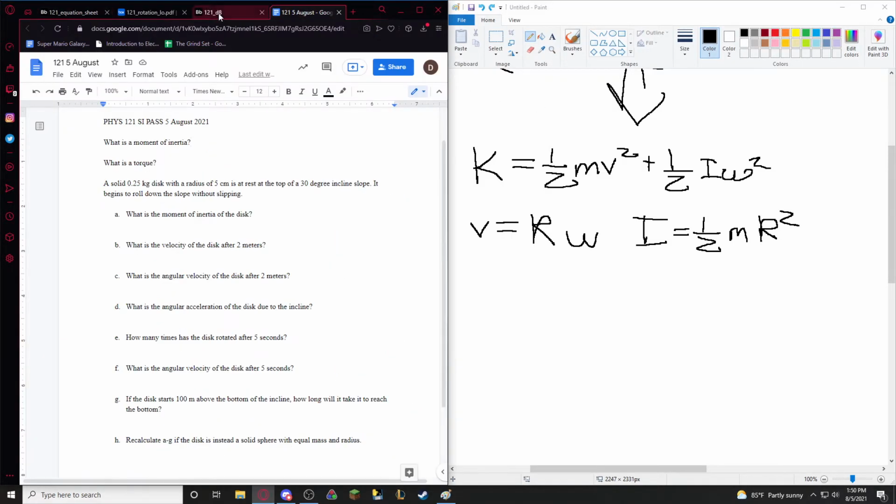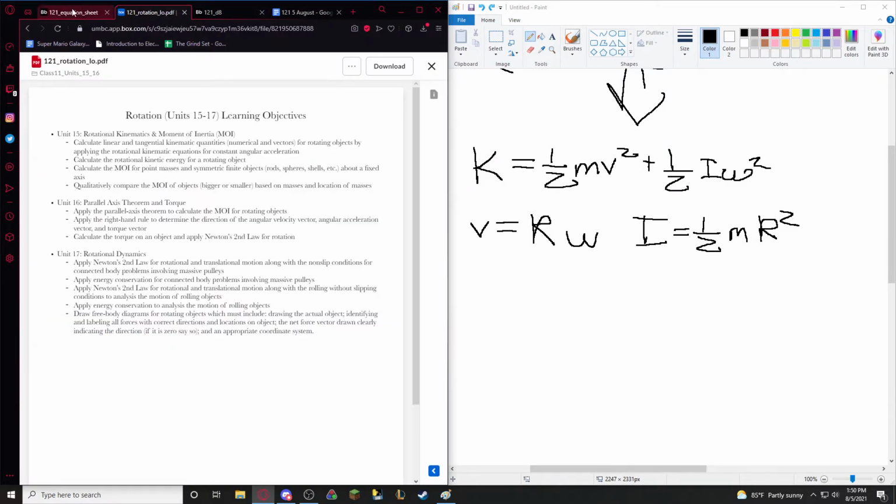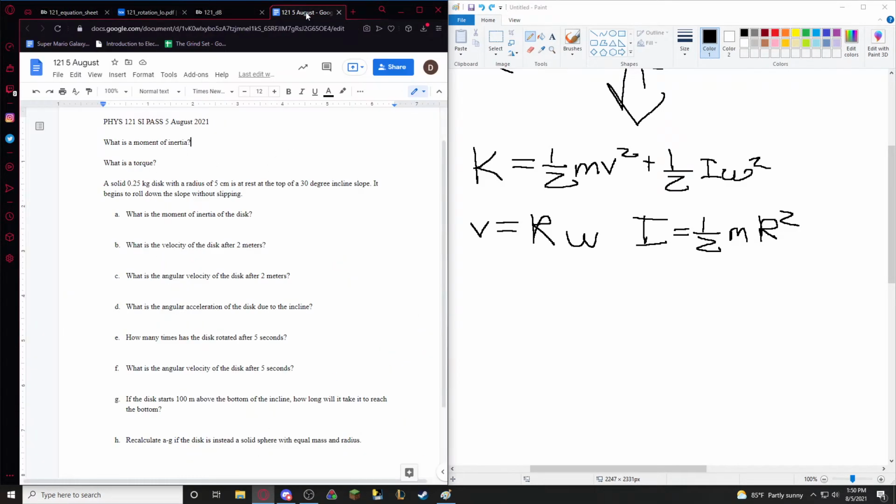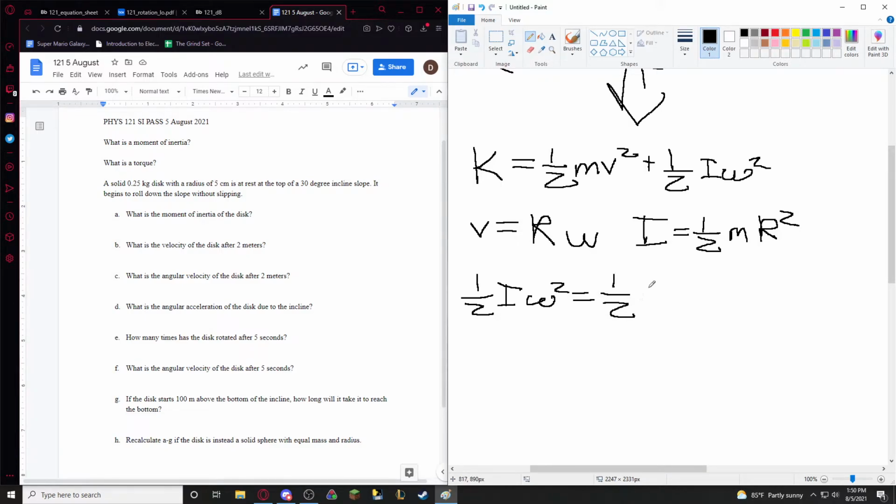How would we do that? I guess we could replace the omega with v over r. Okay, so half I omega squared is equal to half I v squared over r squared.